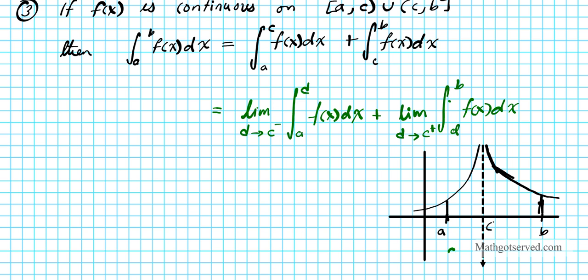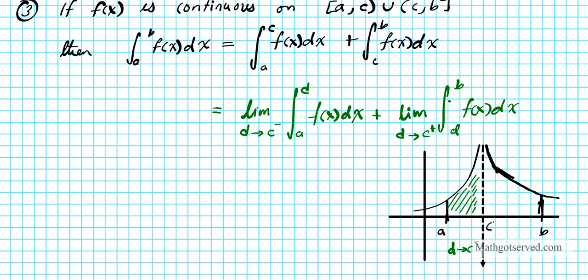We have to have D approach C from the left. So that tells you the area here. Hopefully it converges. If it converges, then this whole area under the curve might converge, but we have to do this piece also.